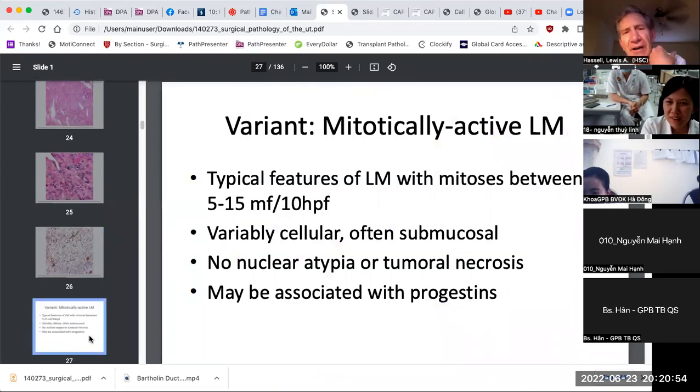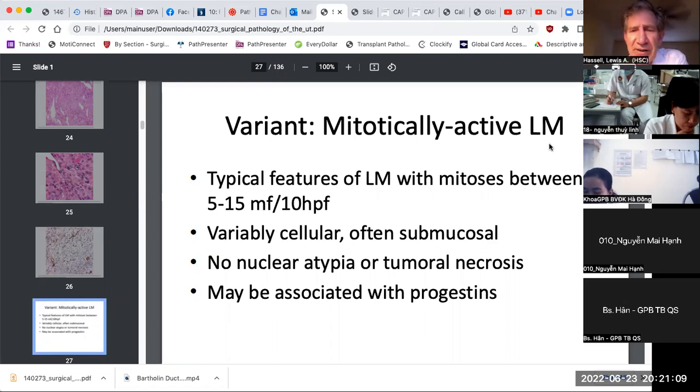So another variation on the leiomyoma theme that is still considered benign has been termed mitotically active leiomyoma.